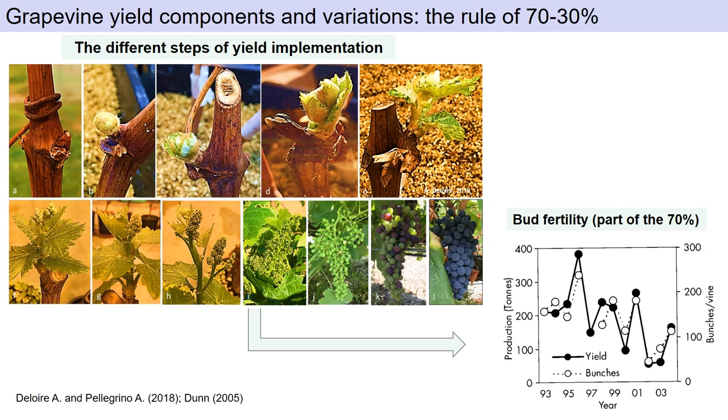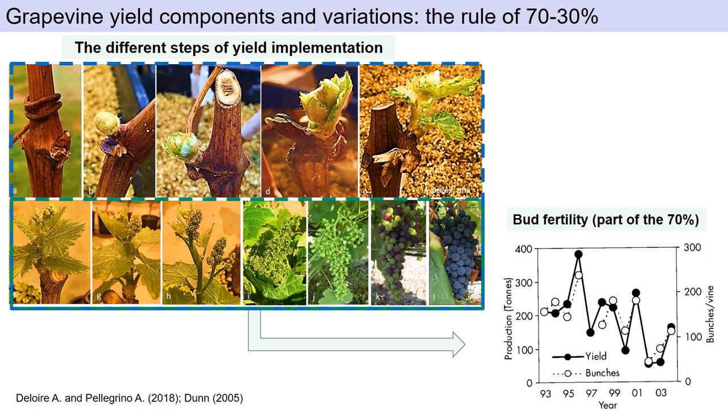This slide is another way to show the 70% and the 30% parts of the yield components. The blue and the green dot points represent the 70% from bud break to flowering, including flower fecundation, and then from berry set to harvest, this is the 30% part of the yield.